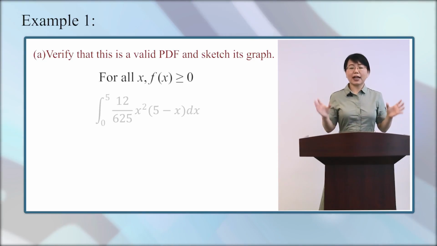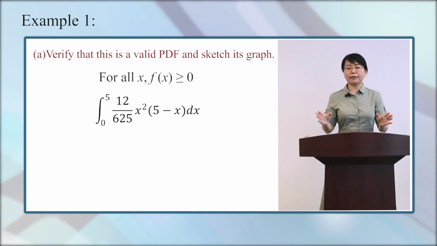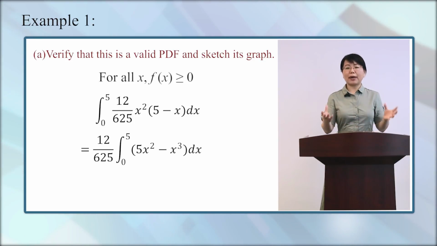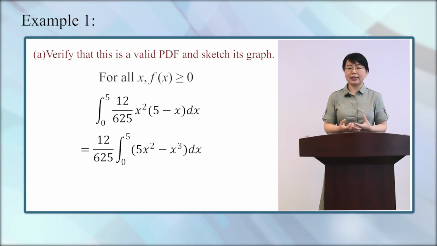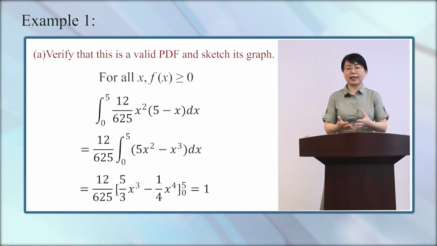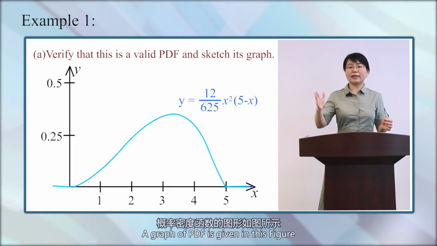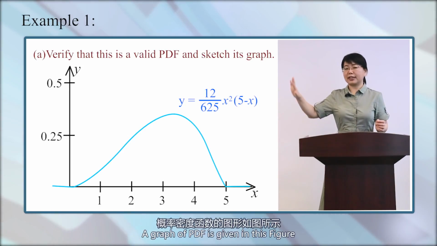And for the definite integral of the PDF from 0 to 5, we can integrate by polynomial integration and find that the value is 1. We can see the graph of the PDF in this figure.